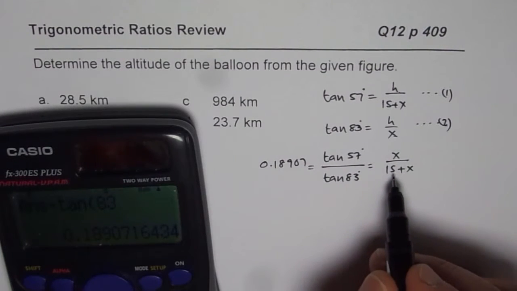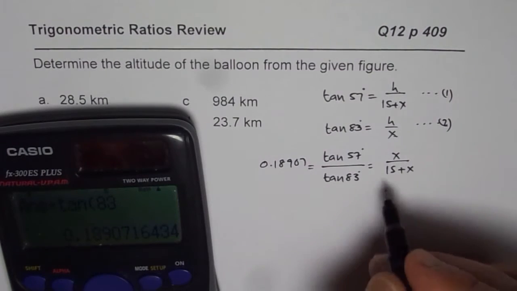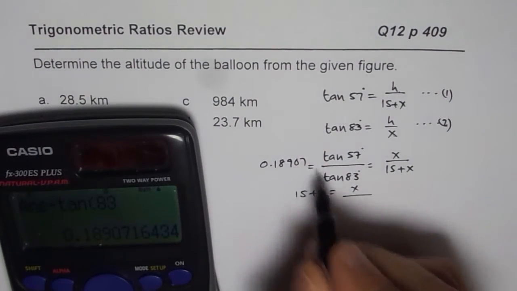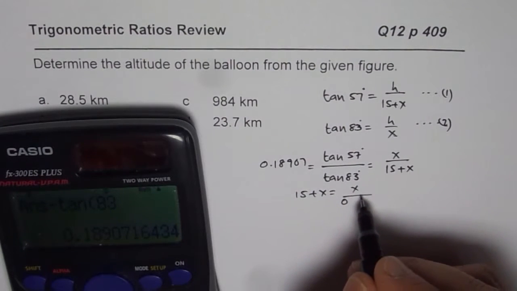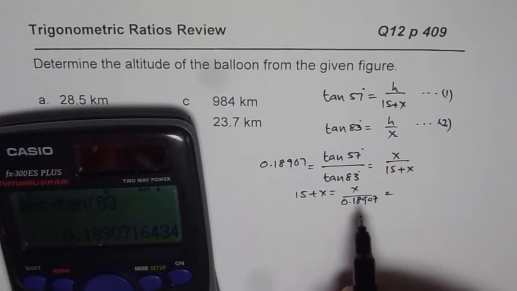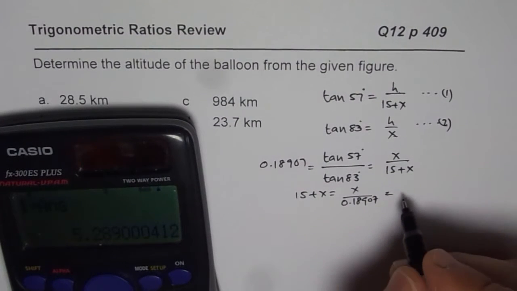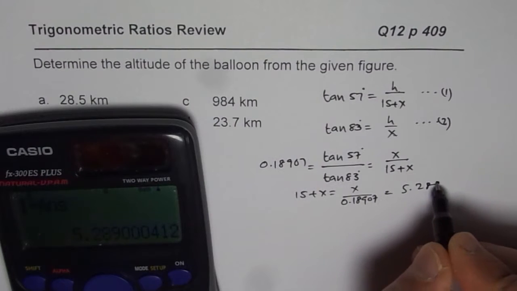So I'll prefer to write this equation now as 15 plus x equals x divided by this ratio, so that we don't land into fractions. Do you see that point, right? Okay, so let's divide 1 over this, so we'll get that x value, right? So we'll do 1 divided by the answer, which is equal to 5.289.